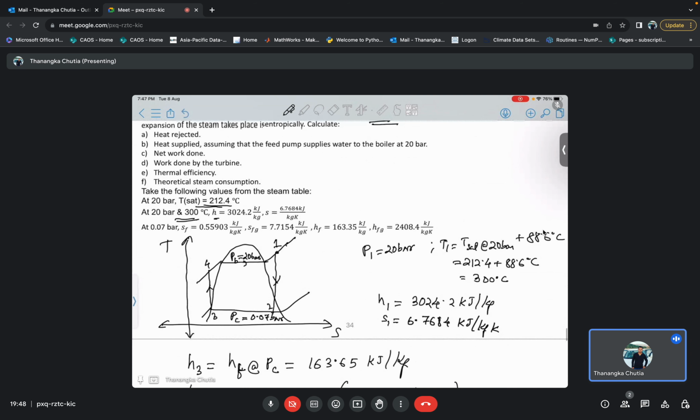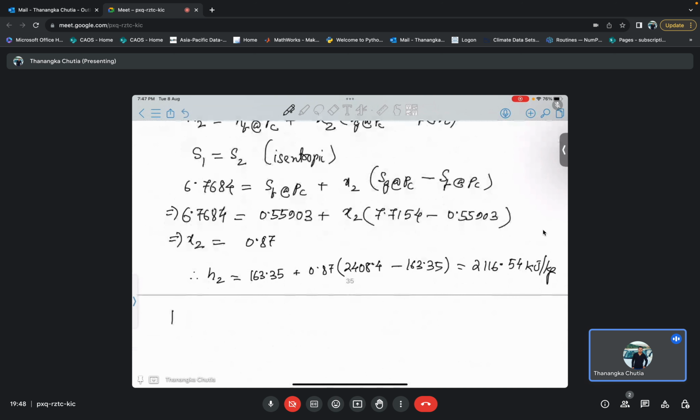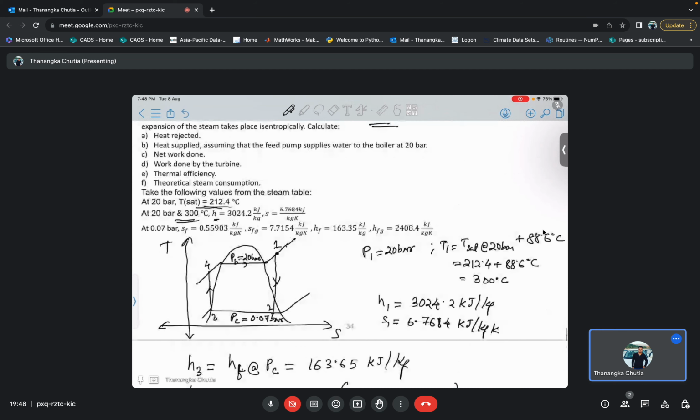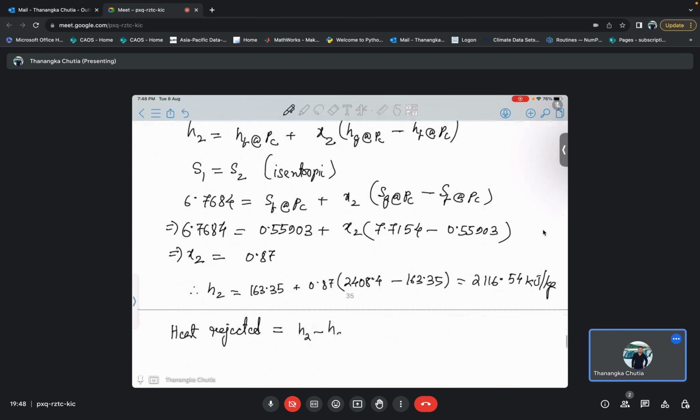So what is the heat rejected then? Heat rejected is equal to H2 minus H3.